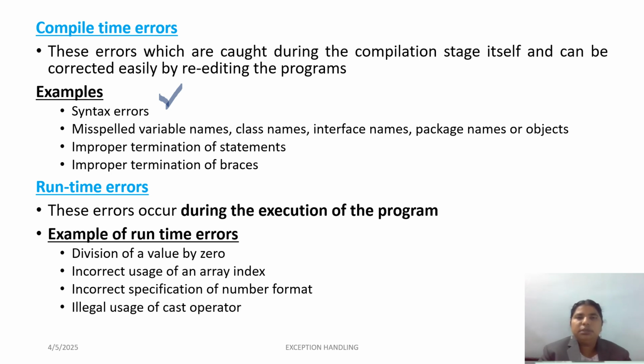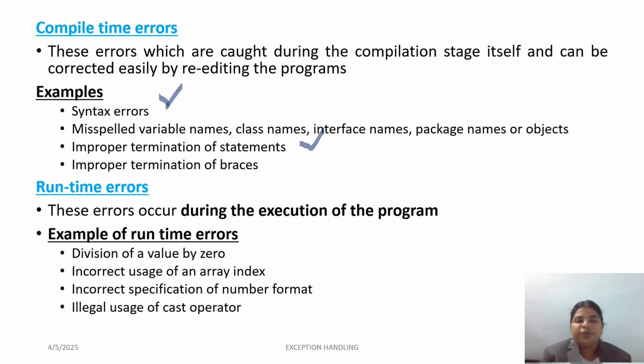The improper termination of statements by a missing semicolon could also be a frequent mistake, as could the improper termination of braces. Normally, curly braces are used to indicate code sections and square braces are used to indicate arrays.